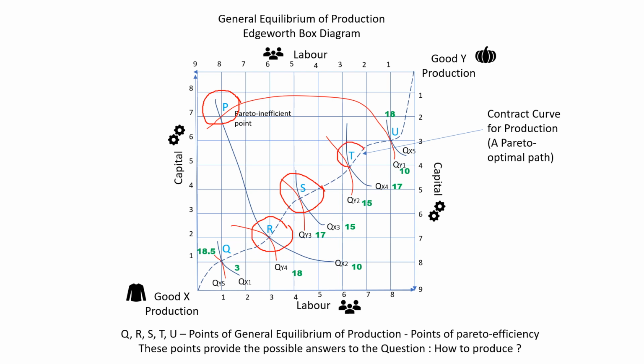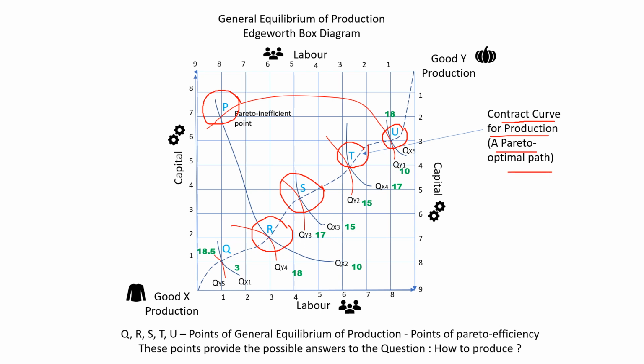If you were to connect all the points of Pareto efficiency, which are essentially the points where the isoquants are tangential to each other, a line connecting these points is referred to as the contract curve for production, which is also known as a Pareto optimal path.